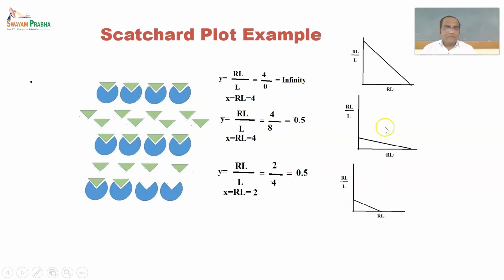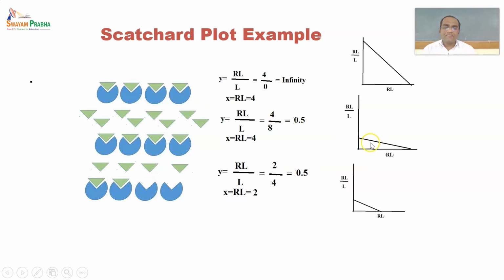From these 3 graphs it can be understood that the interaction, or the slope, is higher when the number of receptor binding sites and the number of ligands are the same, so we have a higher slope value.